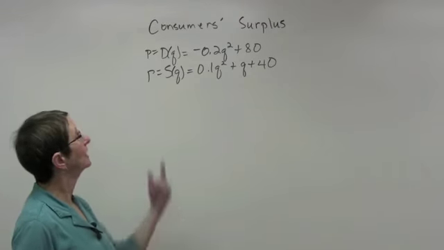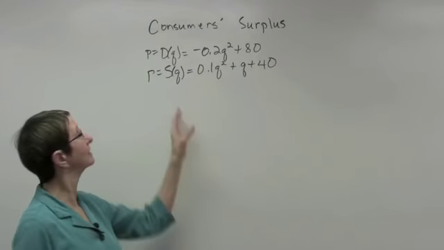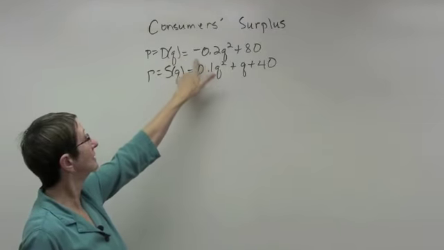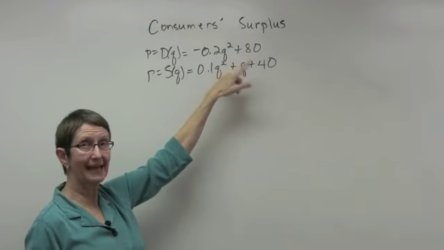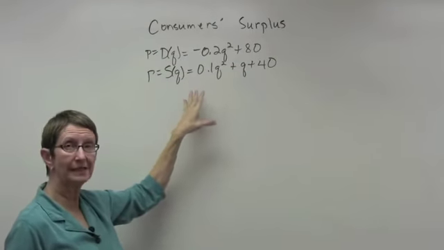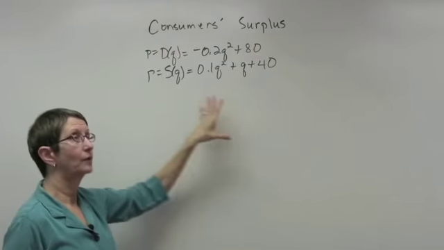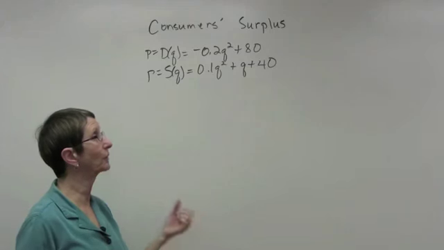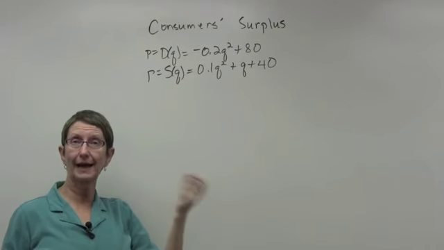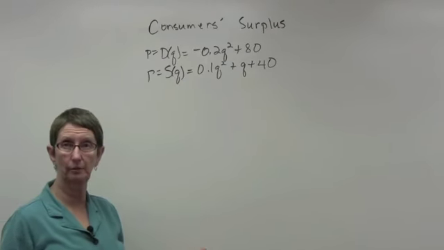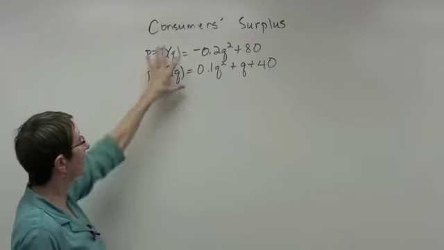In our example, we're looking at a quantity of cameras. The demand equation, negative 0.2 Q squared plus 80. The supply equation, 0.1 Q squared plus Q plus 40. In order to find consumer surplus, we need the quantity Q at equilibrium and the price P at equilibrium. So to find that, we have to set the two curves equal.